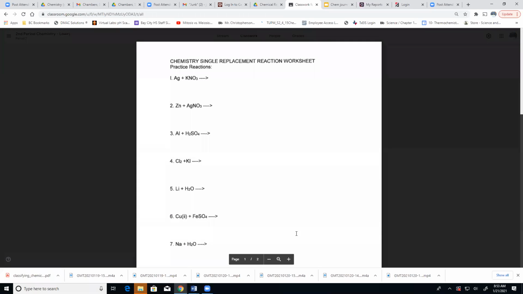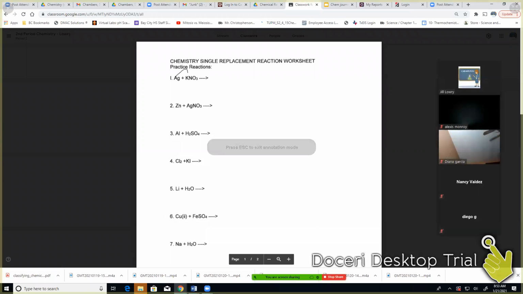And if you look, Ag and potassium are both in the activity series under the metals. So Ag is trying to replace the K. It is a no reaction because Ag is way at the bottom of your activity series. Potassium is way at the top. So Ag is not strong enough. So this would be an NR.